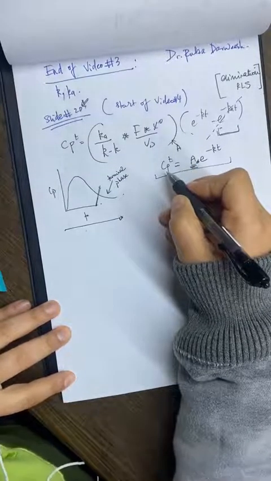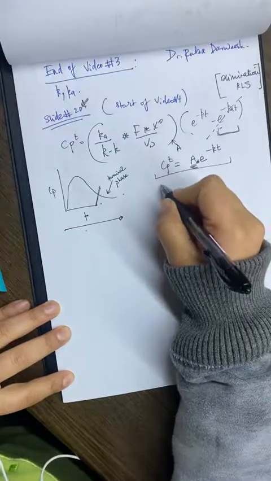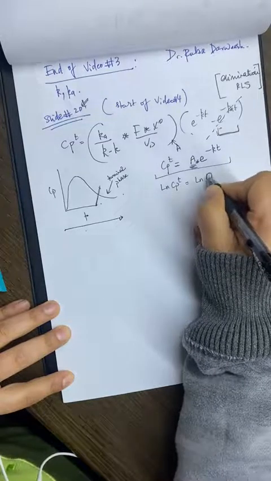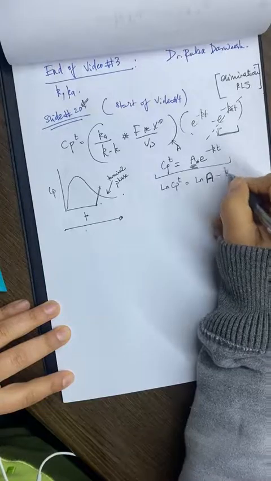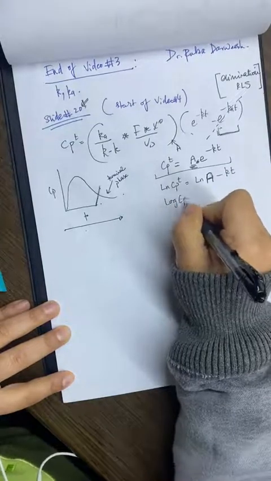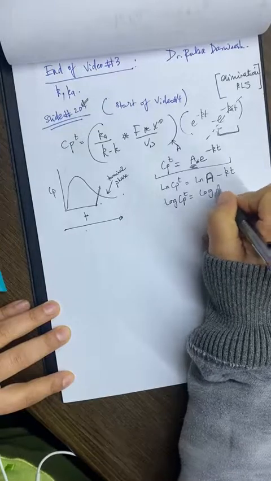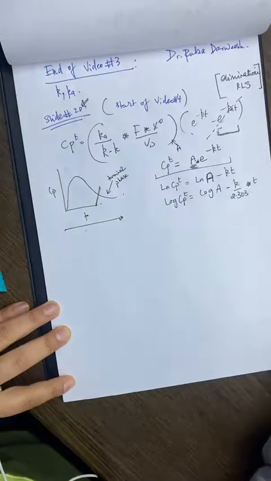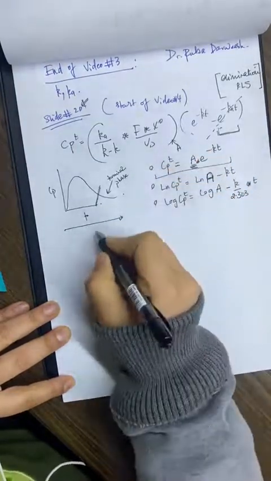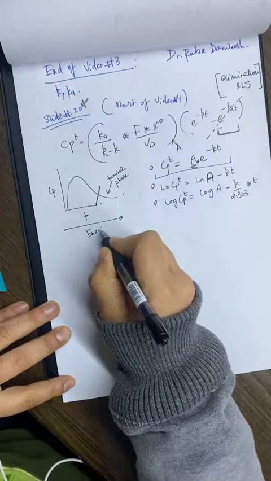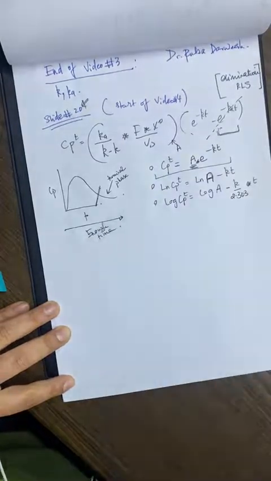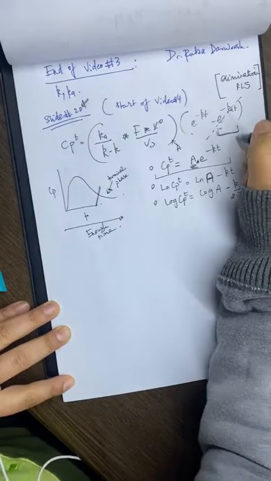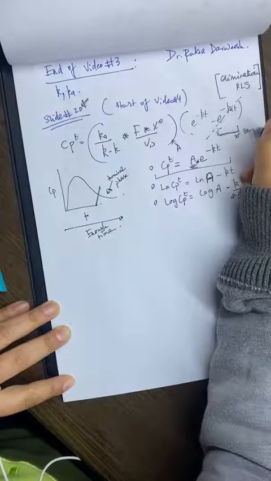This can also be in the term of ln concentration at a certain time, which is ln A, the constant, minus k with time, or log concentration at a certain time, which is log constant minus k over 2.303 multiplied with time. Different kinds of equations under the condition that enough time has passed. So I'm in my terminal phase, the absorption is completed, so this term turned to be 0.